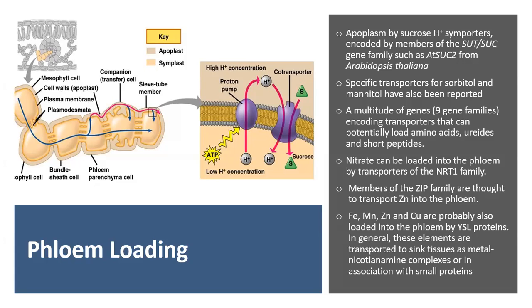So the phloem loading, of course, is very important, and we know that it's a living cell. When we say living cell, it means it is covered by living membranes.